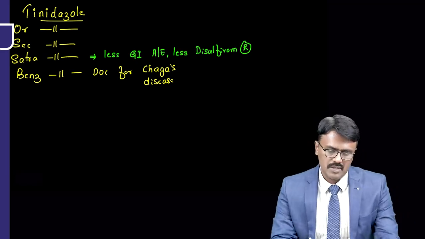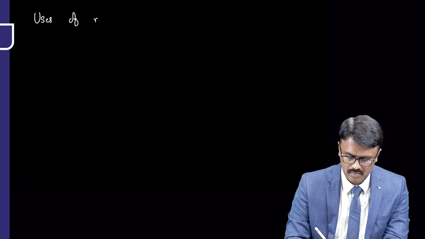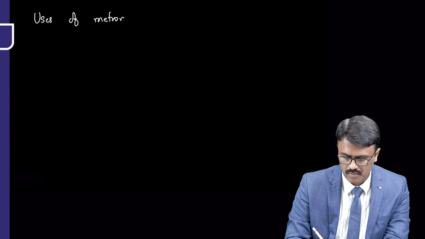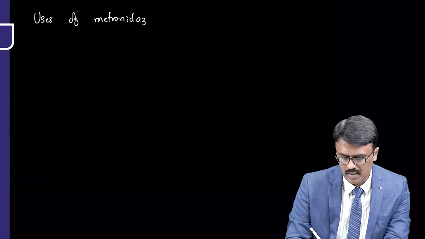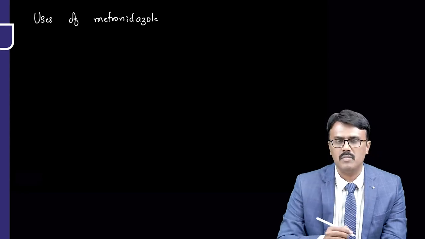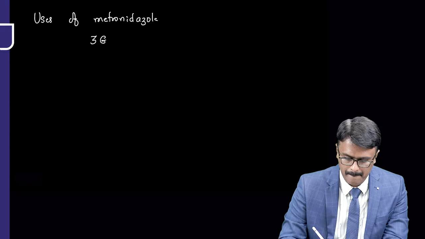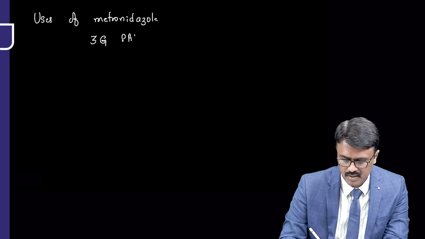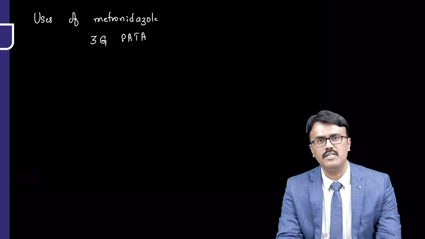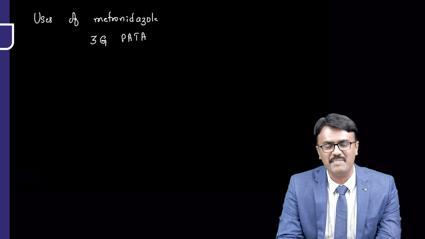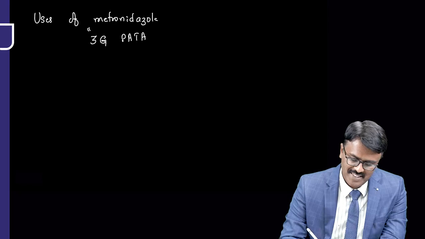Now once I know the specialty, let me write where we use metronidazole. The uses can be remembered with the mnemonic 3G Pata. I know we have 4G and 5G, and it's 3G Pata. So what is 3G and what is Pata?